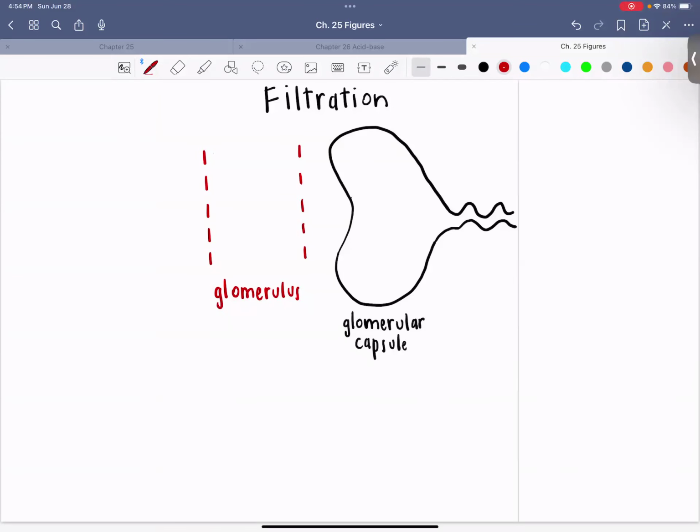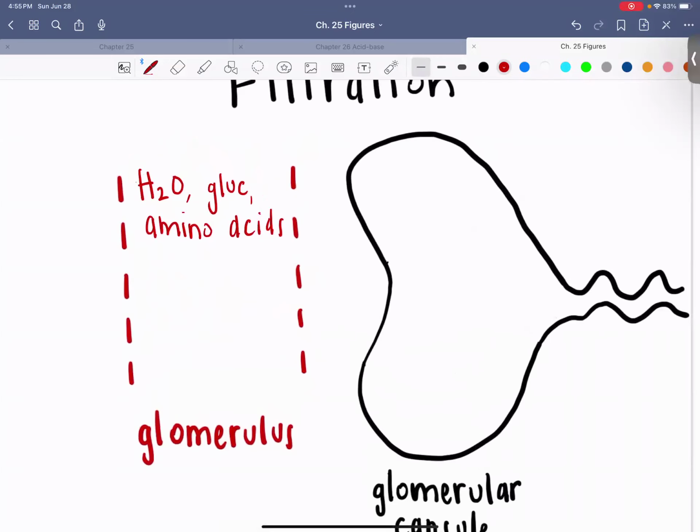You know that blood consists mostly of water. So now we're looking inside the glomerulus, which is the capillary of the kidneys. The plasma is mostly water, but there is some glucose, amino acids, sodium, and other solutes, electrolytes.